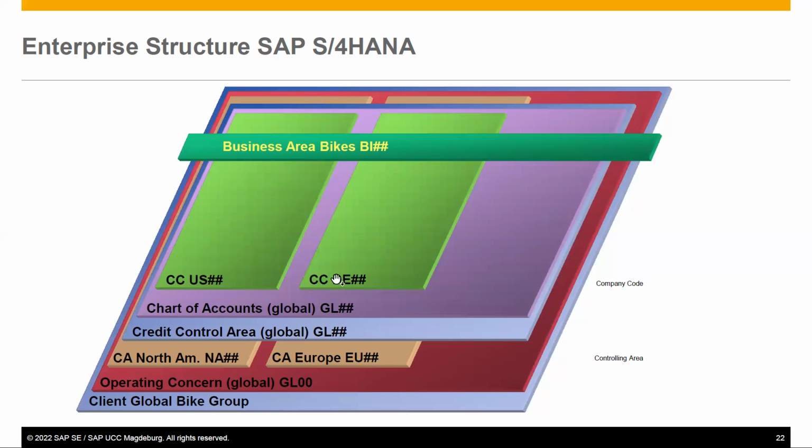Europe might have Germany, and the Europe controlling area might have Britain. Now, these company codes have the business areas, and the business area covers everything. As I mentioned, the business area belongs to internal accounting, and the operating concern is internal accounting.